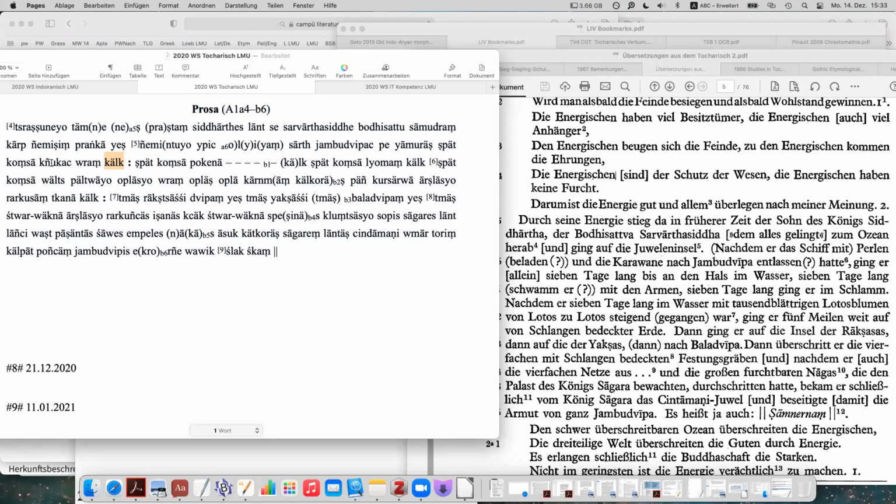So the water is pretty deep. I mean, not that deep, otherwise he would not appear above the water. So the water reaches his throat, and then he walked in the water.